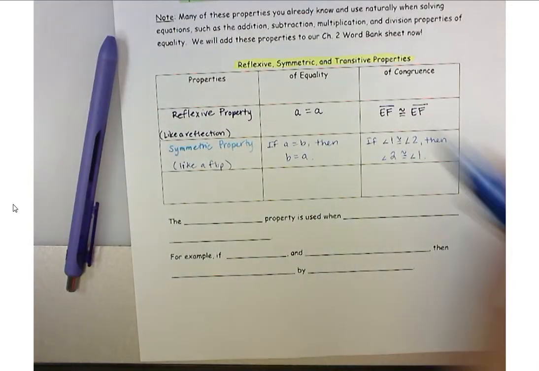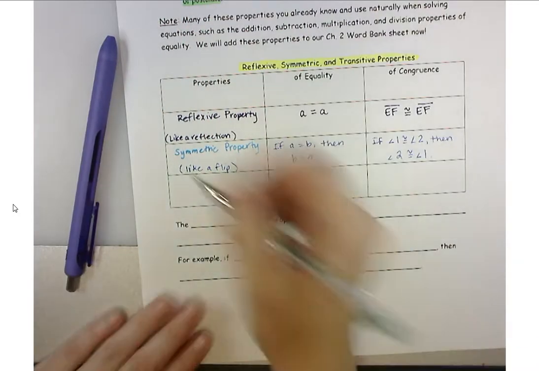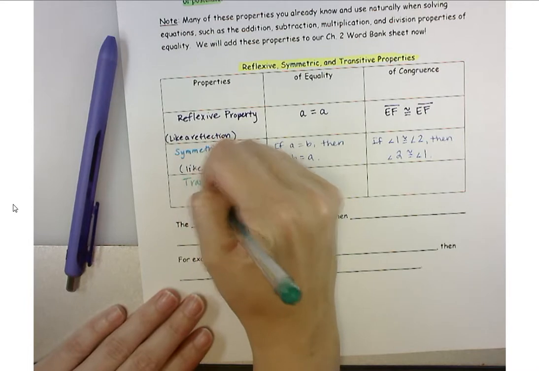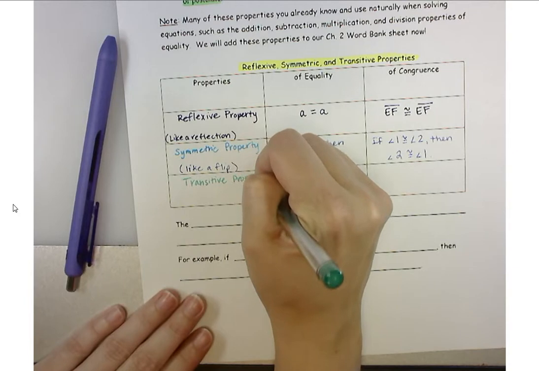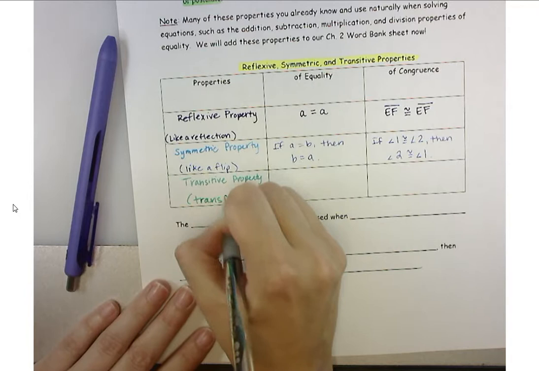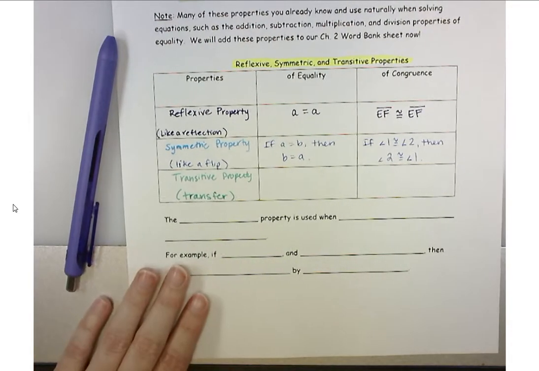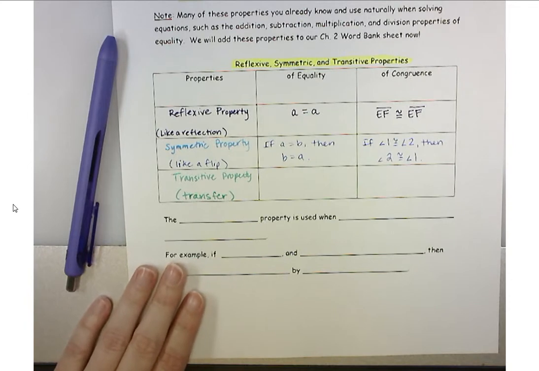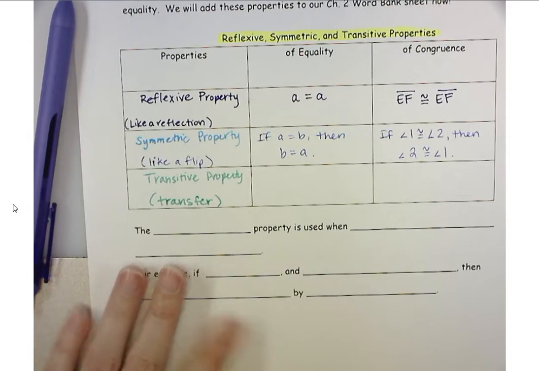And then the last one is the transitive property, and that is going to be a transfer. That's when you're going to have multiple variables, so not just two like in the one before.